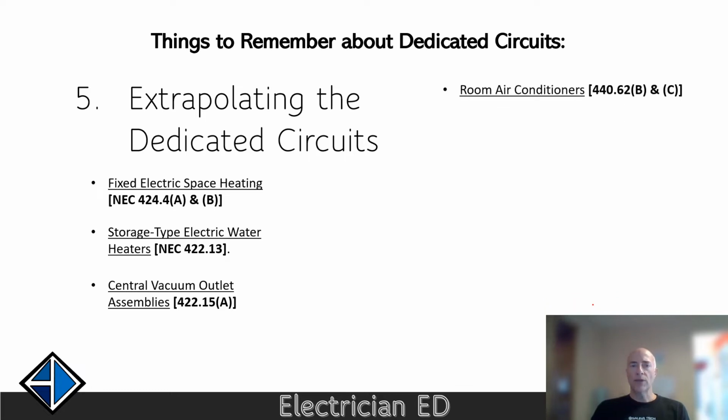Room air conditioners, the type that are fixed in place, they can also be placed on a circuit with other loads, but the entire circuit has to be rated double the ampacity of the AC, assuming that it's fixed in place. And I didn't mention it before, but this is known as the 50% rule.